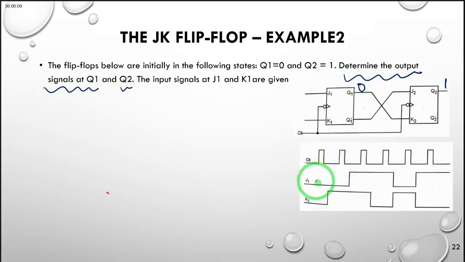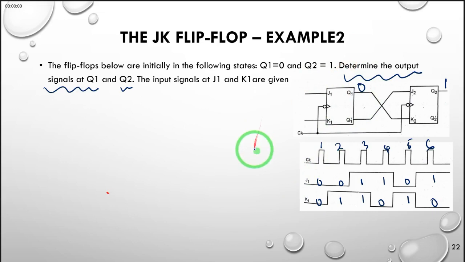We can see that these are the first, second, up to the 6th clock pulses, and J is moving through 0, 0, 1, 1, 0, 1, and K is moving through 0, 1, 1, 0, 1, 0. Those are the inputs that we are going to feed to J1 and K1, and we can see that J2 is being fed from Q1 bar and K2 is being fed from Q1, and we are observing Q2 and Q1.